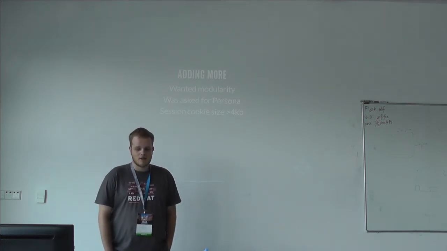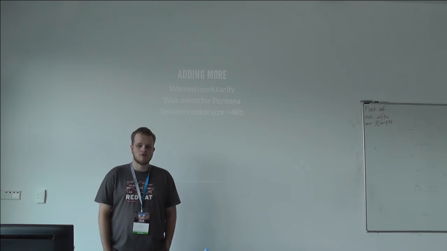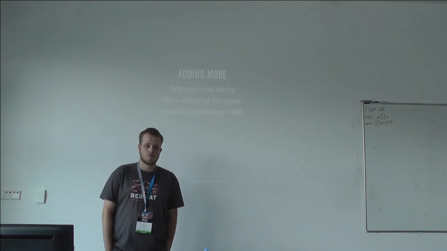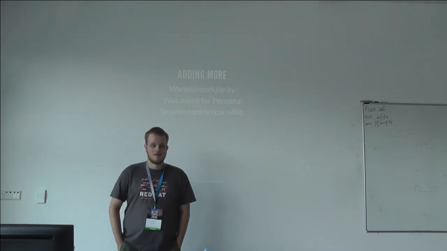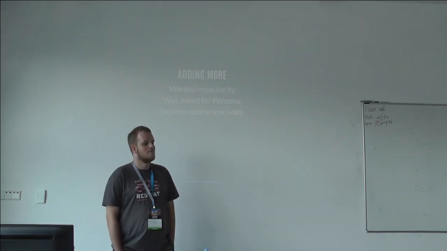And I don't know if any of you know this, but when you try to set a cookie to a browser that's more than 4 kilobytes, the browser silently drops it. Oh. So what's Persona?